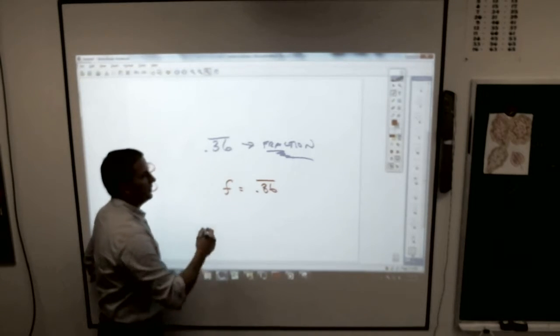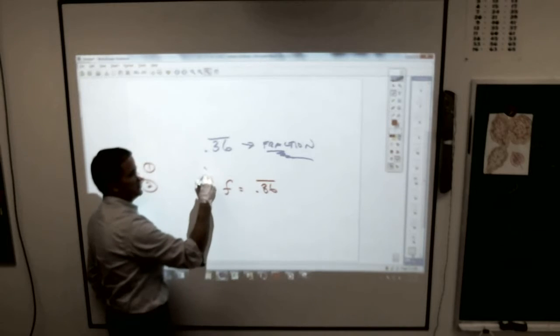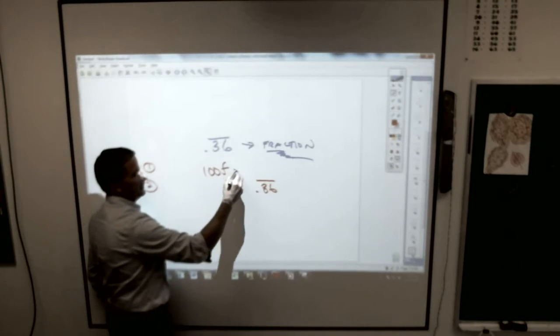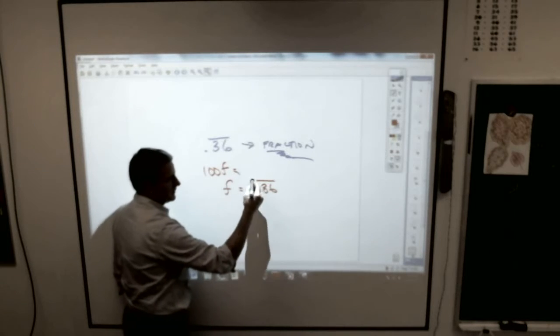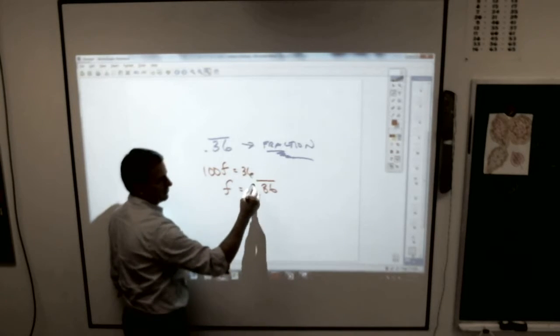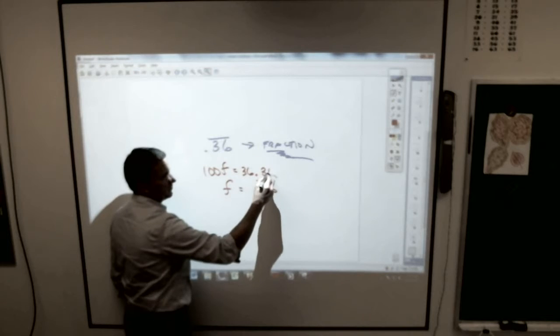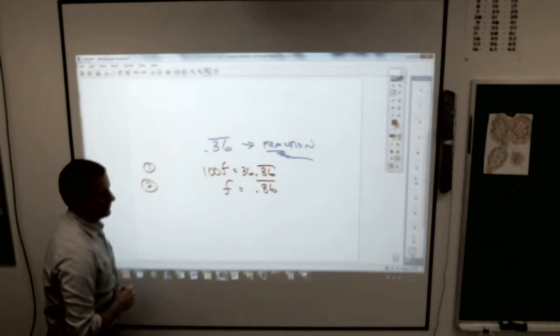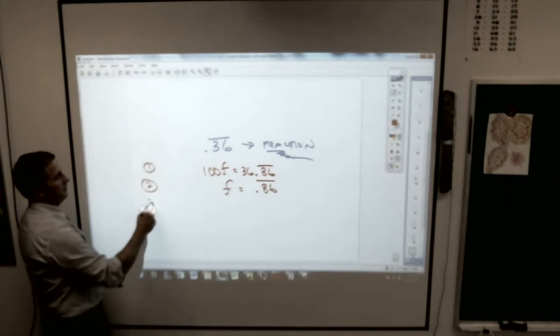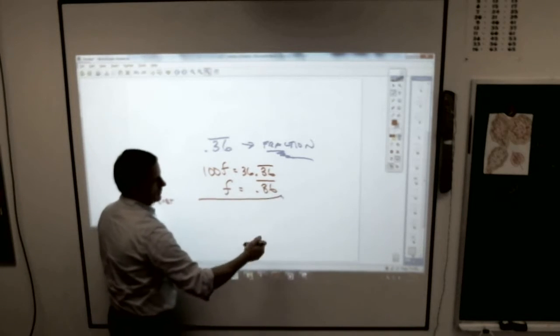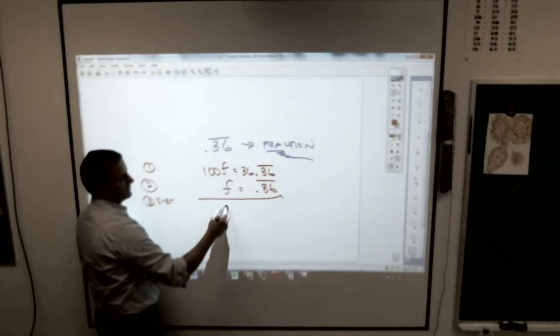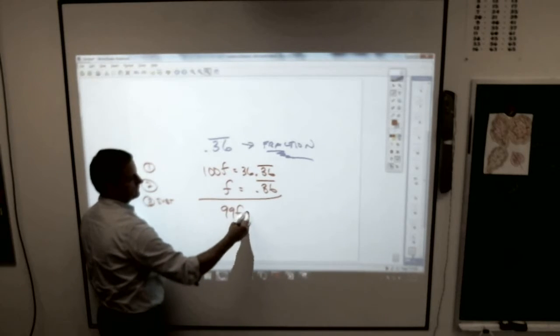2. So you're going to multiply both of these by 100, which gives you 100F equals, here's where people get a little confused. That just means you're going to move the decimal over 2 places. That means you get a 36 without the repeater sign. We still have the second 36 that gets the repeater sign. Step number 3 is subtract those bad boys. 100 minus 1 is 99F.